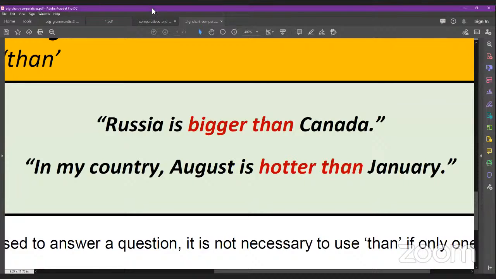Come on, guys, tell me what spelling rule is missing.